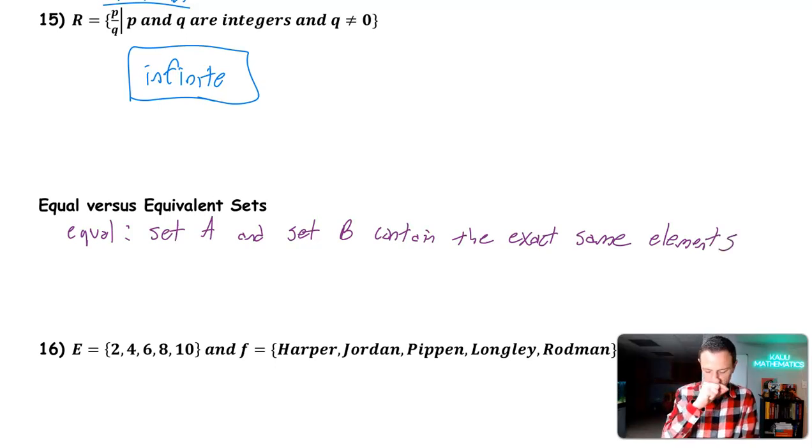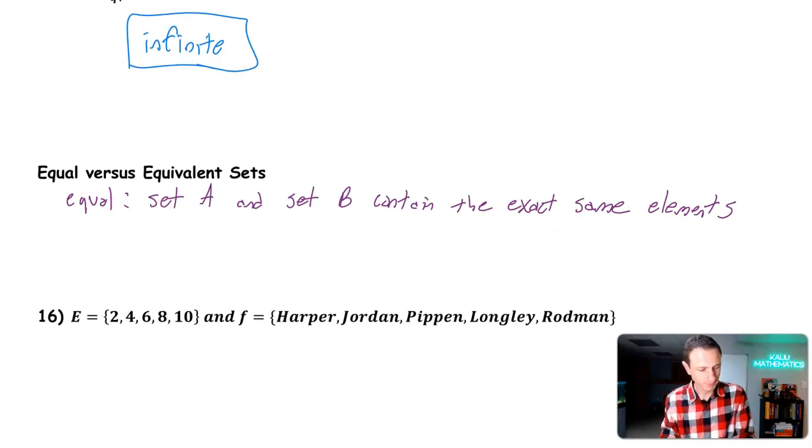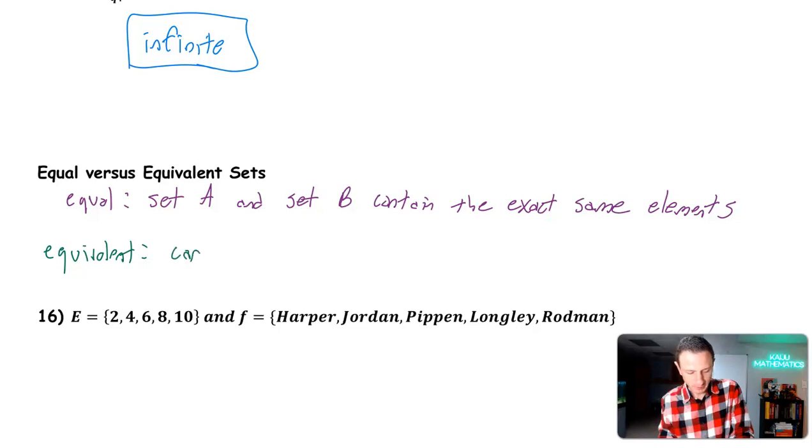So set A and set B contain the exact same elements. Equivalent: the cardinal value is the same, but not the same elements.